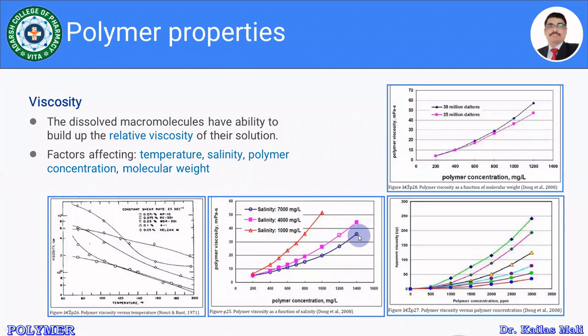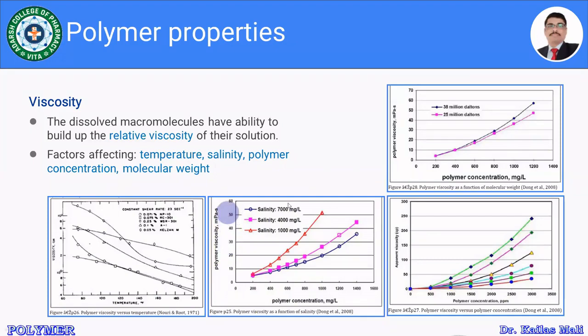So simply we can say that the presence of the electrolytes in the salinity is going to affect the polymer viscosity. As we are increasing the polymer concentration, the polymer viscosity is going to be increased.